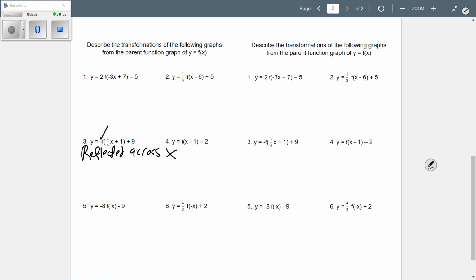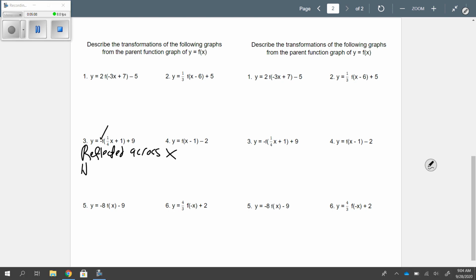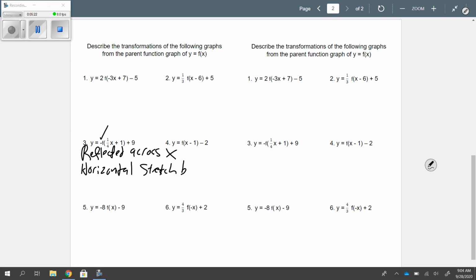And then we see the 1/4 x in front of it, which we remember was a horizontal stretch or shrink, and since it's 1/4, it'll be a stretch by 1/4.